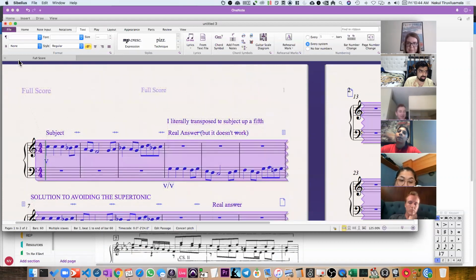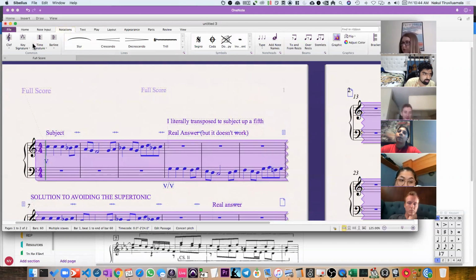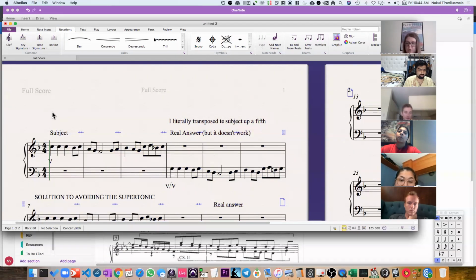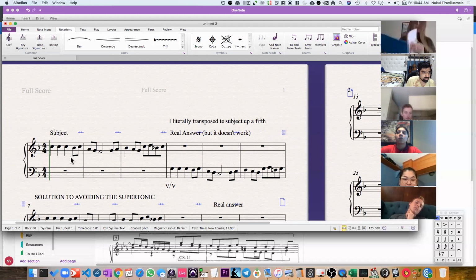Okay, so actually let me put the key signatures in. So we're in F major, right? I should get rid of this 5 and write this note. 5 note is suggested by this note.